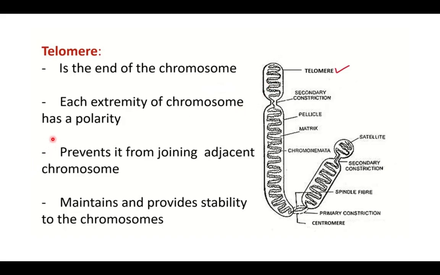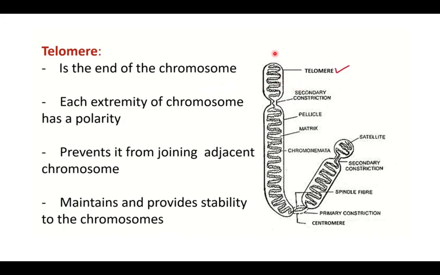So what's the use of this polarity? It prevents the chromosome from joining the adjacent chromosome. One chromosome will not attach to or touch the other chromosome. What is preventing that? This polarity, which is due to the telomere. This also maintains and provides stability to the chromosome without touching the other chromosomes.